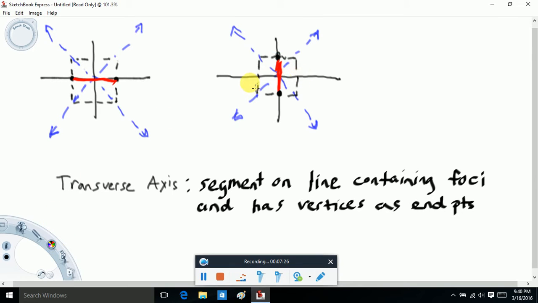So here, if your foci are in green, then your hyperbola will look somewhat like this.